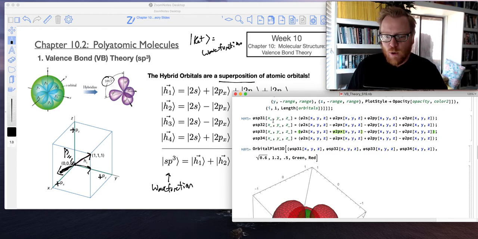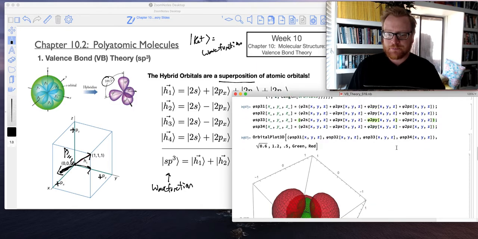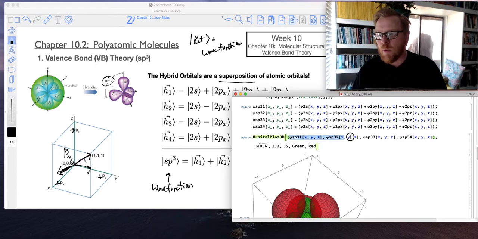And so now what's pretty cool is when I've got the sp3, I've got the linear sum of all of those. I've got the sp3 set, which is really to say the H1, the H2, the H3, and the H4, all those different permutations. And then now I plot the sum of them. So I'm plotting them all individually, I should really say, okay?